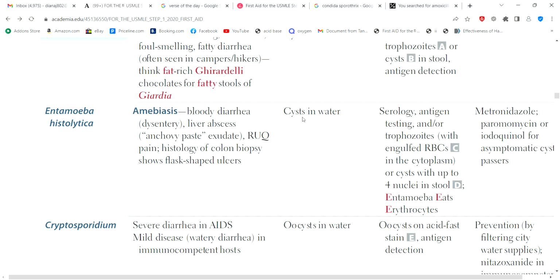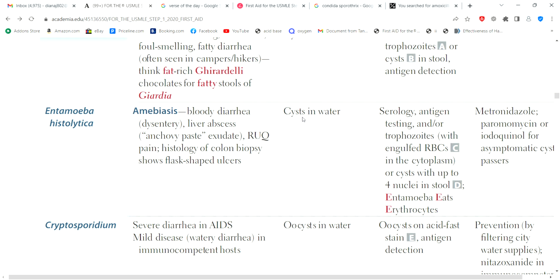The main thing you have to know about Entamoeba histolytica is that its abscess has an anchovy paste consistency. Entamoeba histolytica likes to cause liver abscesses.